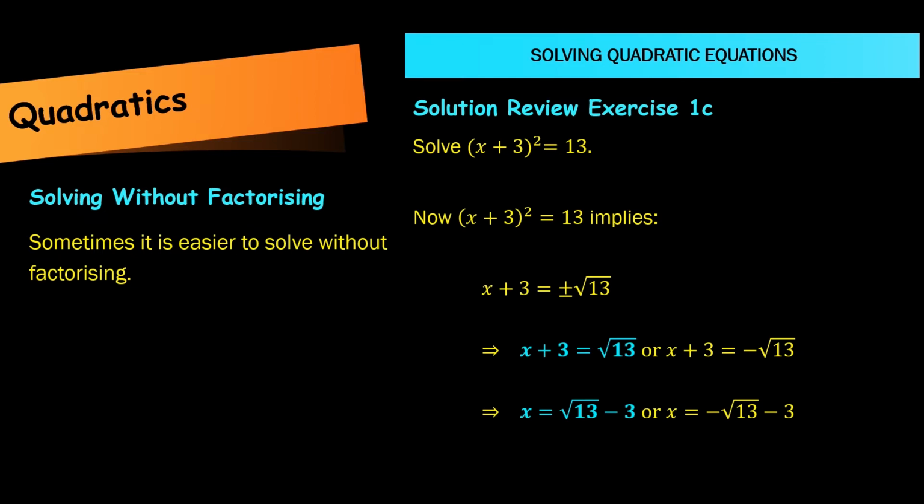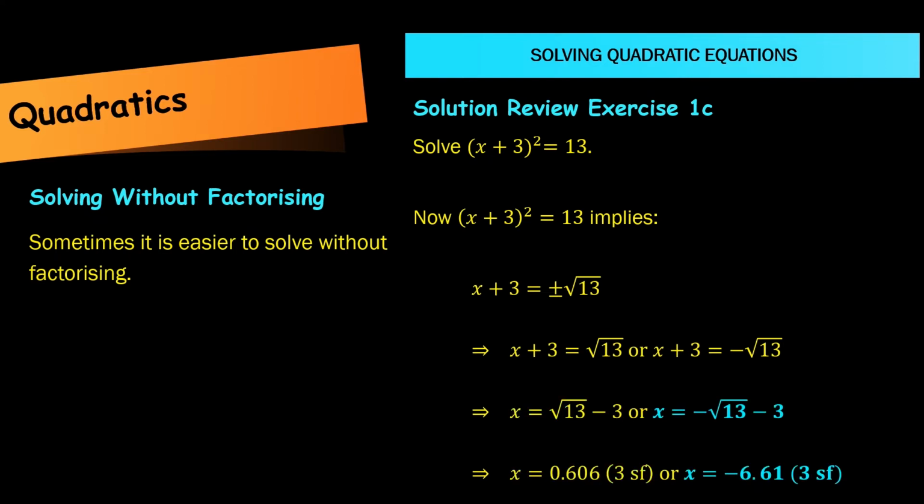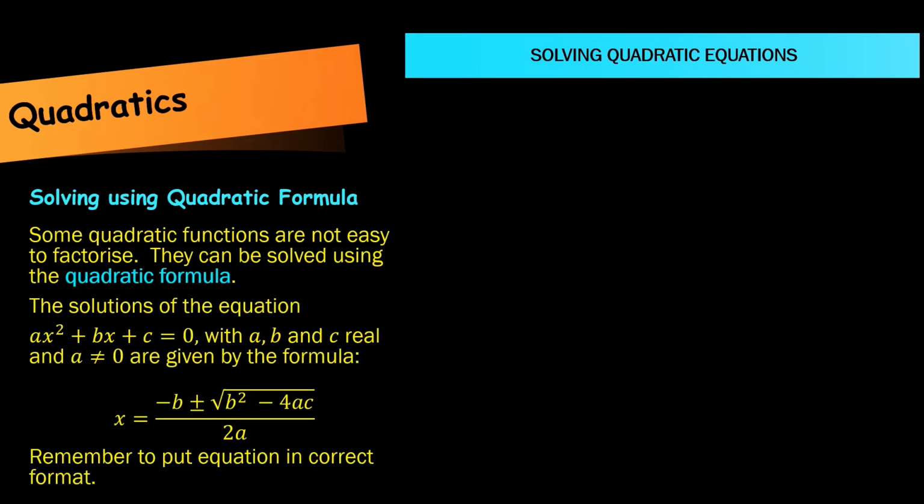Which gives us x equals root 13 minus 3 or x equals minus root 13 minus 3. And this implies that x equals 0.606 to 3 significant figures, or x equals minus 6.61 to 3 significant figures. And now for review exercise 1D.